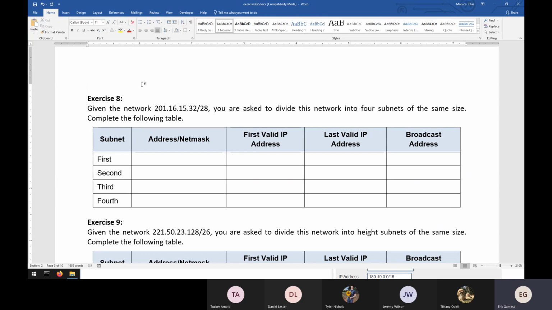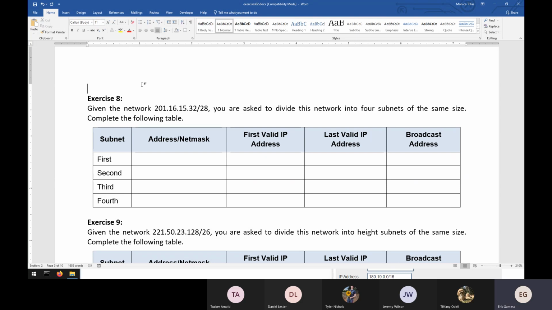It's a /28. So how many bits are dedicated to the host part? 4 bits, correct. 32 minus 28 is 4. 2 to the power of 4 is 16. So in the original network, I have 16 IP addresses.